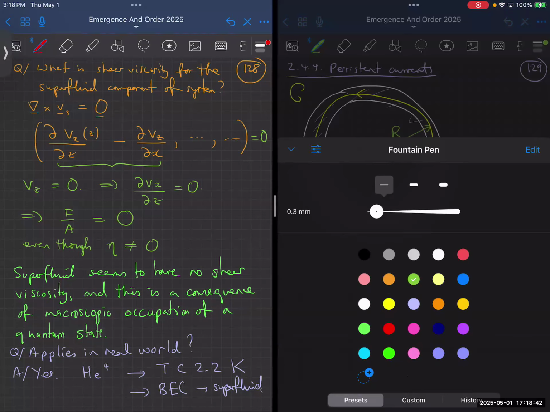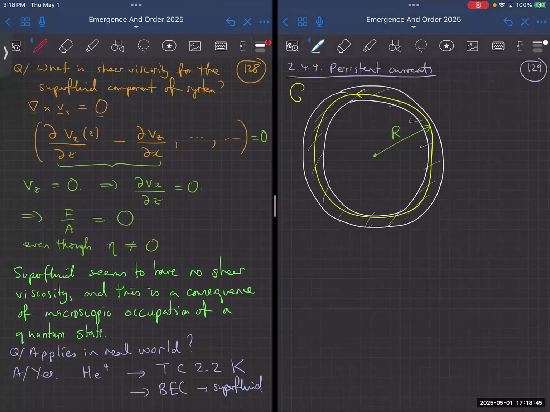The goal of this little section is to show you that the single valuedness of the quantum wave function means that I can have persistent currents, which means perpetual motion.